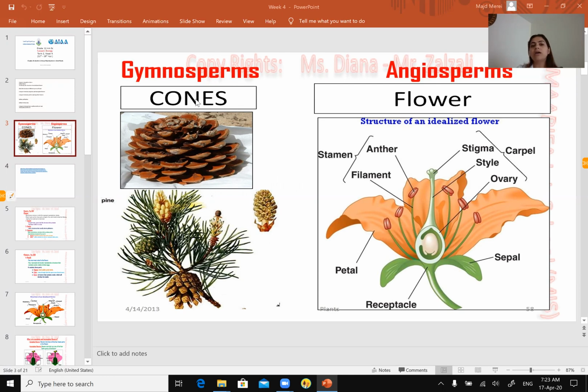Gymnosperms are cone-bearing plants that have cones instead of flowers, while angiosperms, if you remember, are flowering plants. They have flowers, they have fruits. Seeds here are protected inside the flowers. Okay, so we are going to discuss today the structure of the flower.